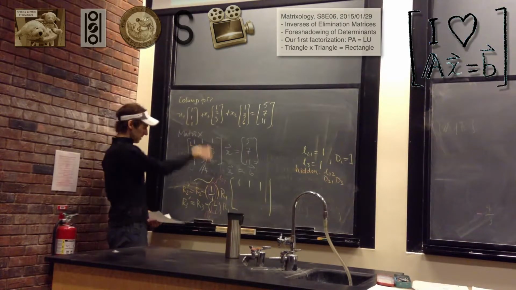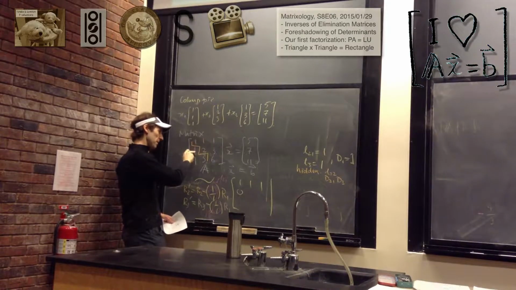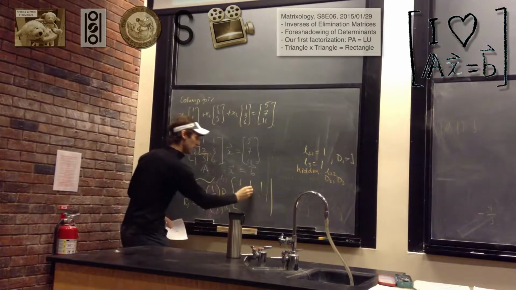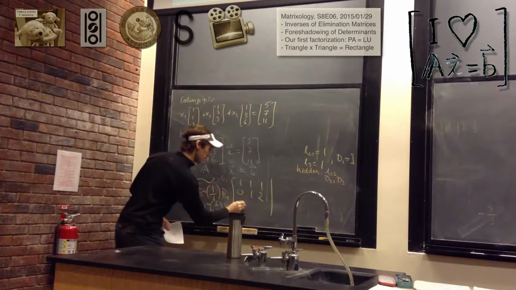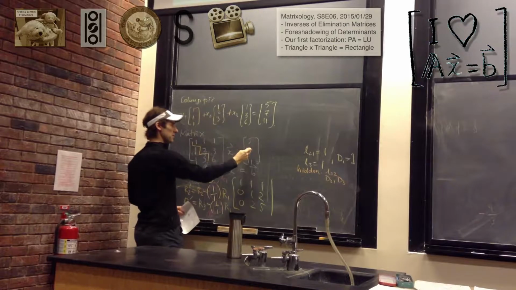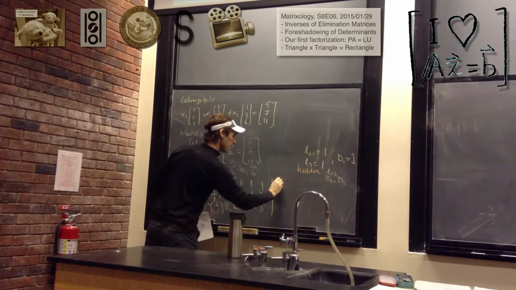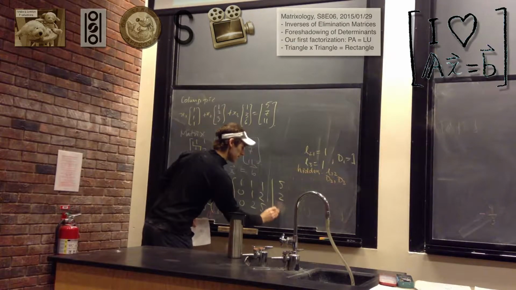So we're going to subtract that first row from this row, so 1, 1, 1 off here, so we get 0, 1, 2, and we get 0, 2, 5. Good. And we're subtracting the first row off here, so 7 minus 5 is 2, and 11 minus 5 is 6.